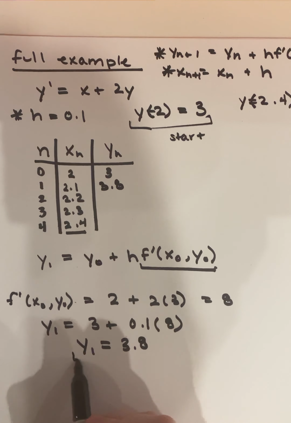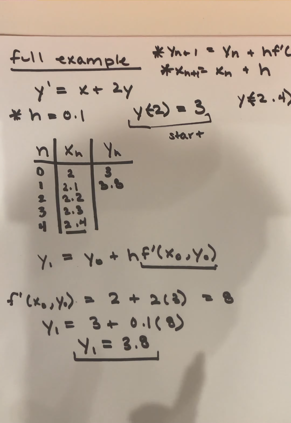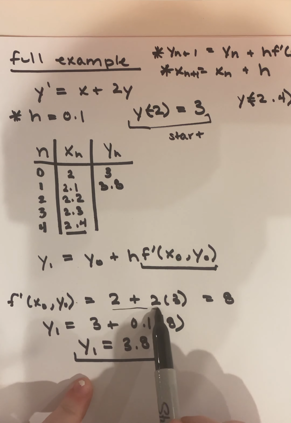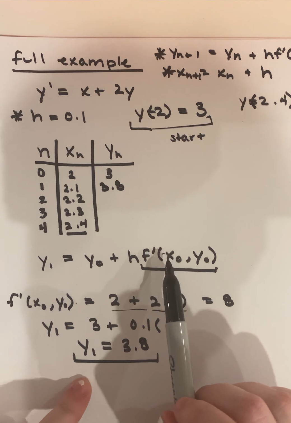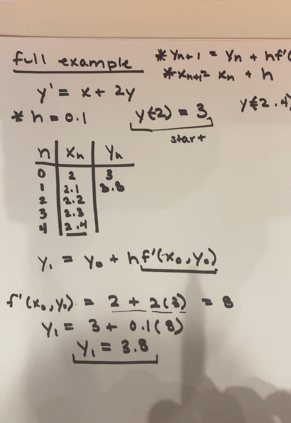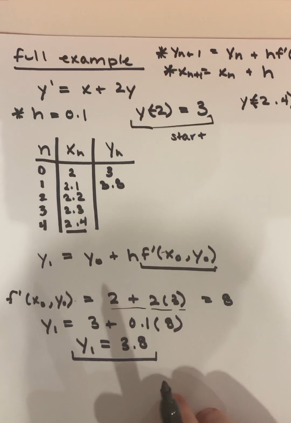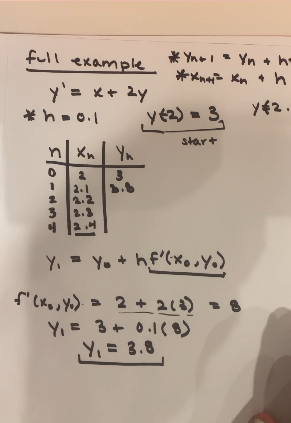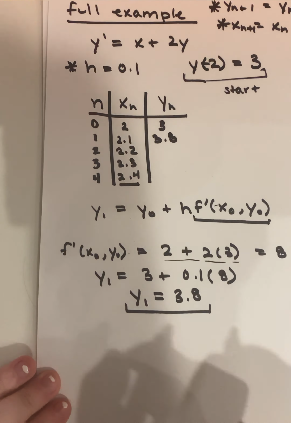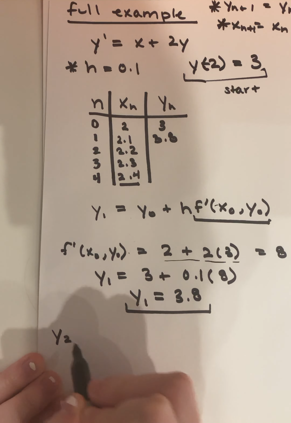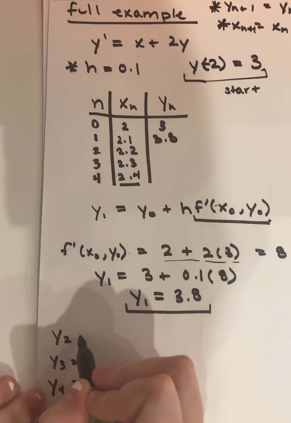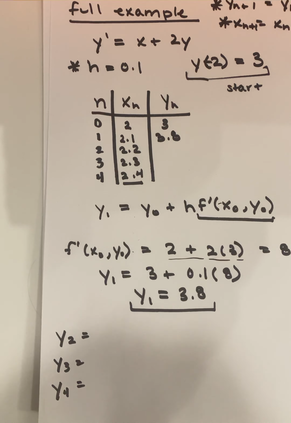All right, and now that we know that, we can always just plug this part in right away. So I'm going to flip a page and continue this. Actually, I'm just going to keep it like this. So we're going to do y sub 2, y sub 3, and y sub 4, which is our final, which is what we need to find at the end.